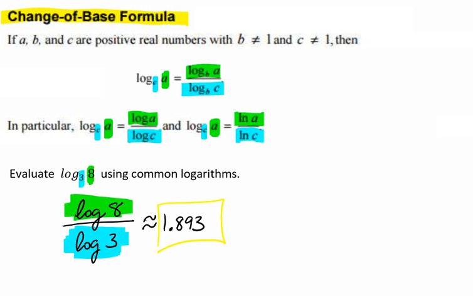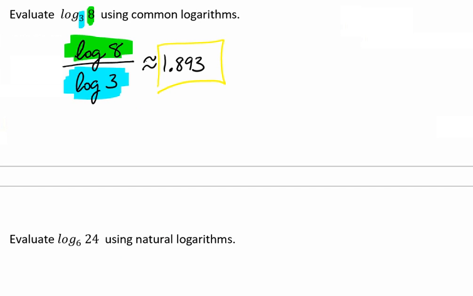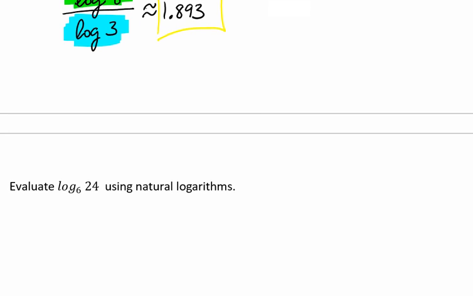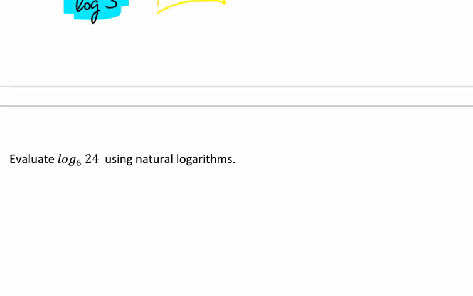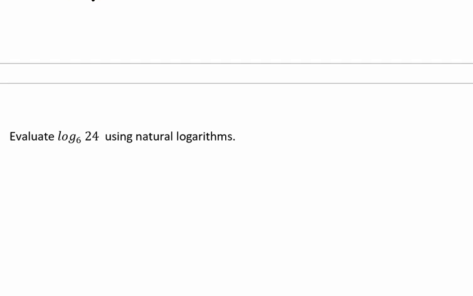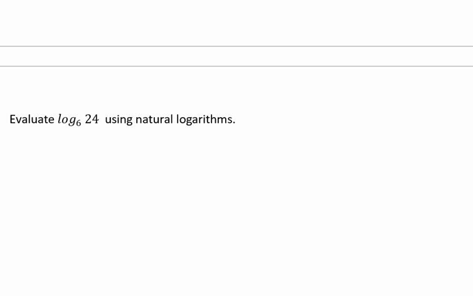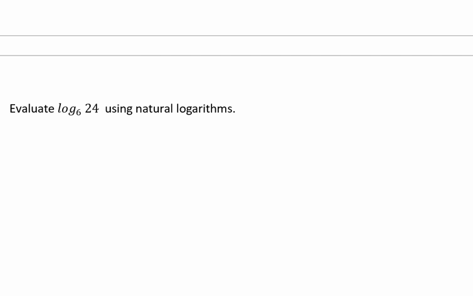Let's try another example. In this example, we're going to be evaluating the log base 6 of 24 using natural logarithms. As we talk about natural logarithms, the idea is the same as when we did our common logs. Instead of using log base 10 though, we're going to be using the natural log.